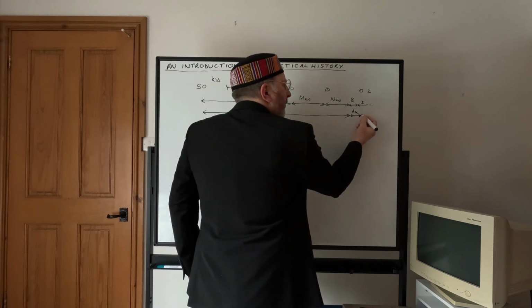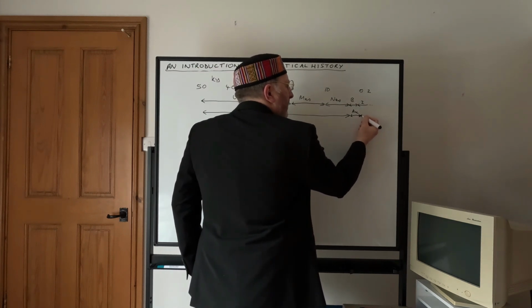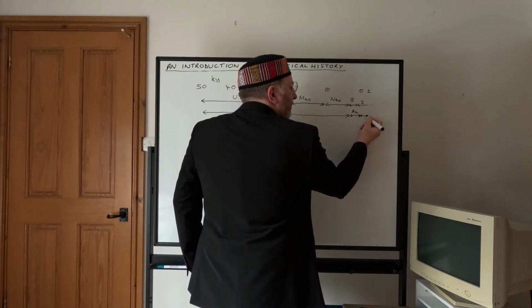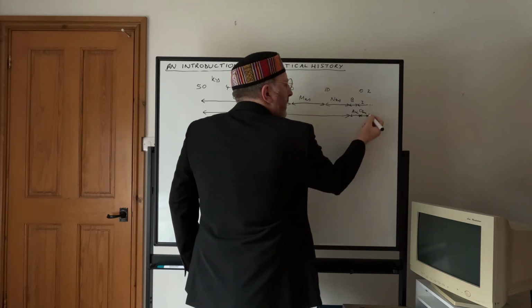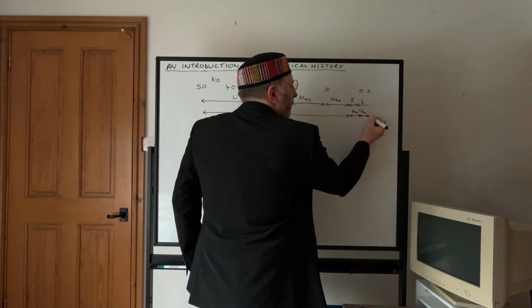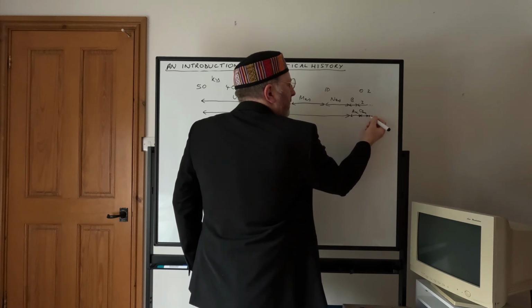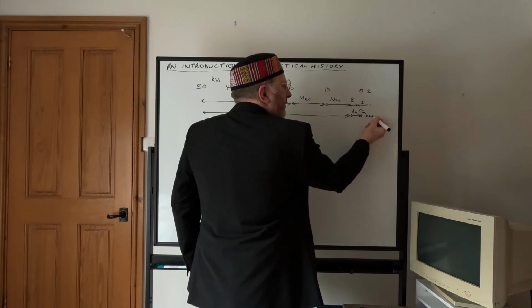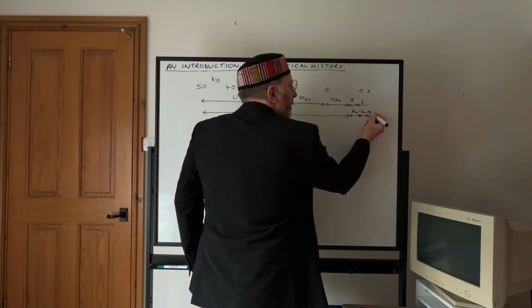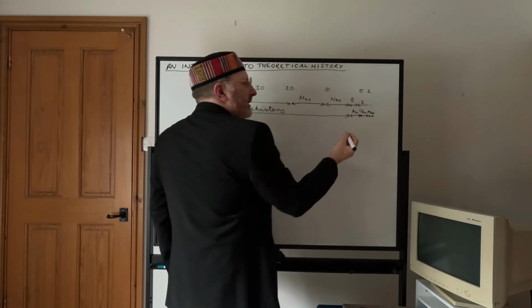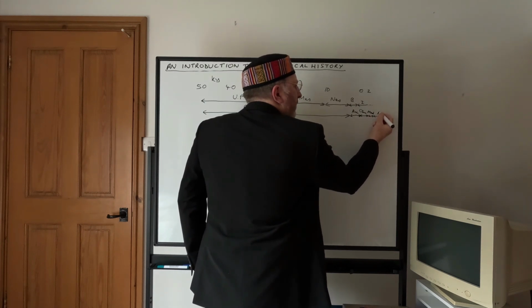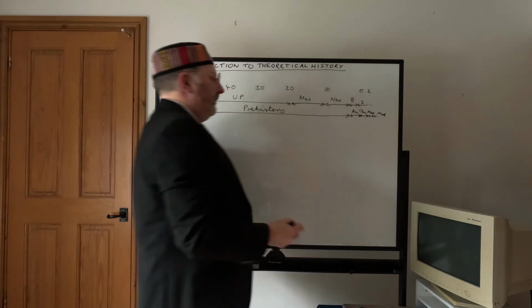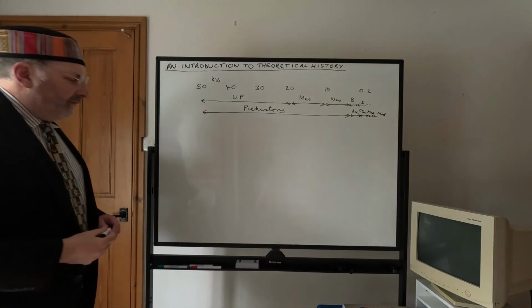Then with Greece and Rome, from about 500 BC up to around AD 500 is the classical world. And then comes the Middle Ages from about AD 500 up to 1500, the medieval period, and then from 1500 to today is the modern world. So that's how historians divide things up.